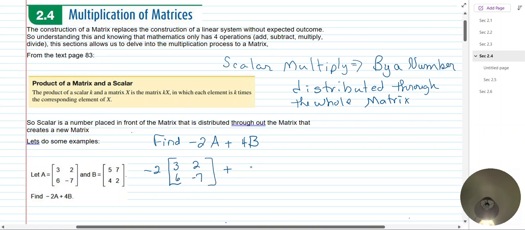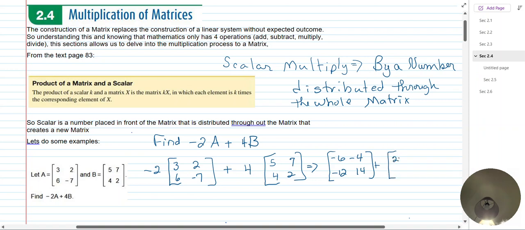And then I would put plus 4 and my matrix 5, 7, 4, and 2. This would lead me to the matrix -6, -4, -12, and +14.